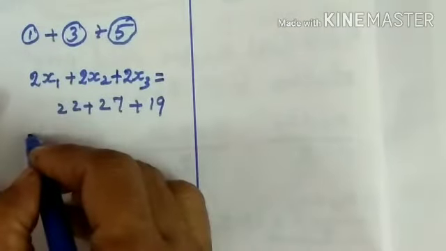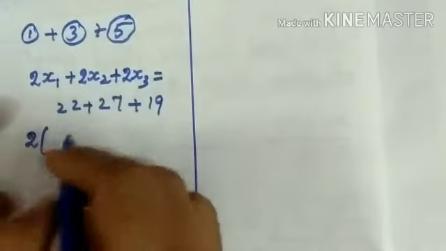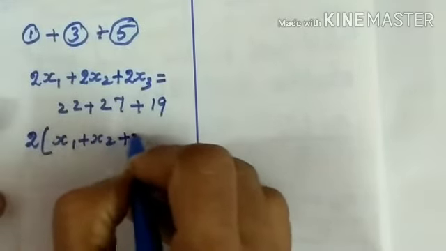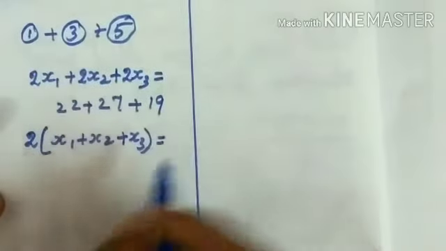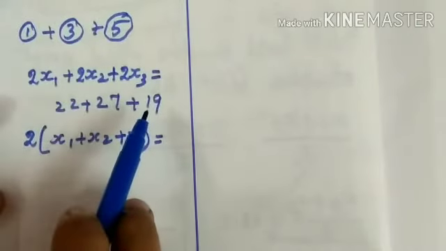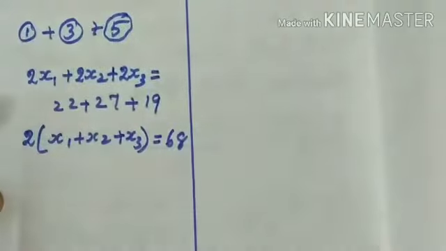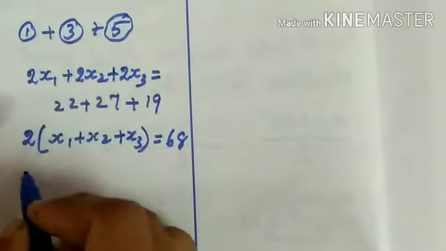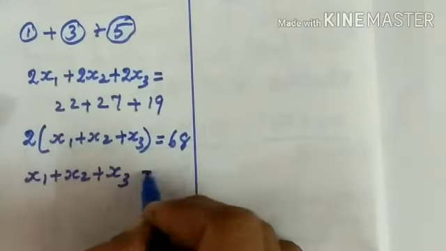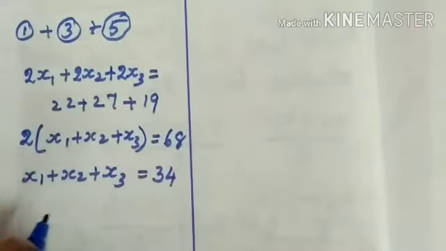Take out 2 because 2 is common here. So we get 2 into (x1 plus x2 plus x3) is equal to, adding these 3 numbers, 22 plus 27 plus 19 is equal to 68. Now x1 plus x2 plus x3 is equal to 68 by 2, we get 34.